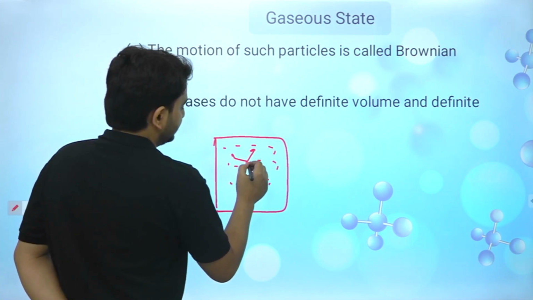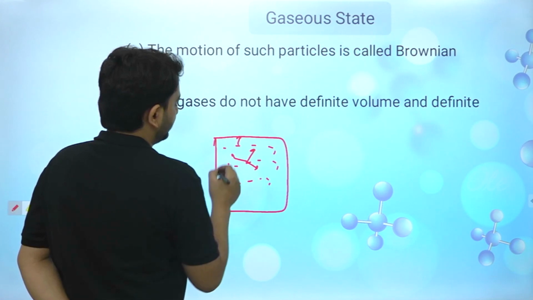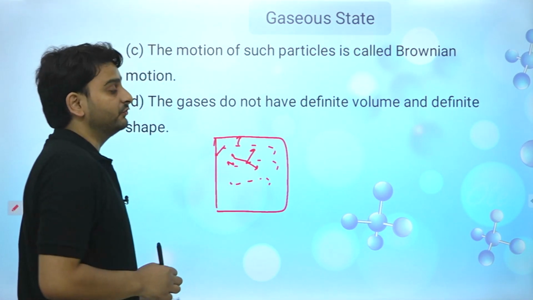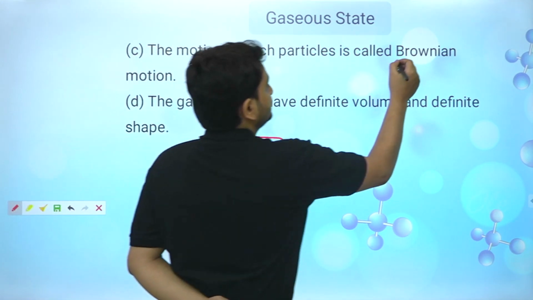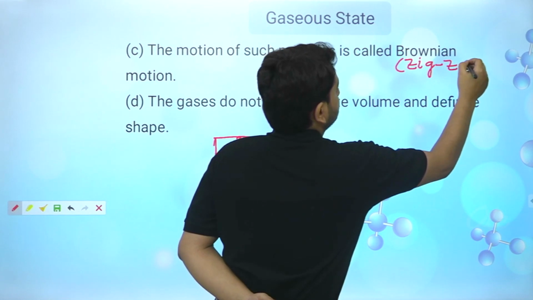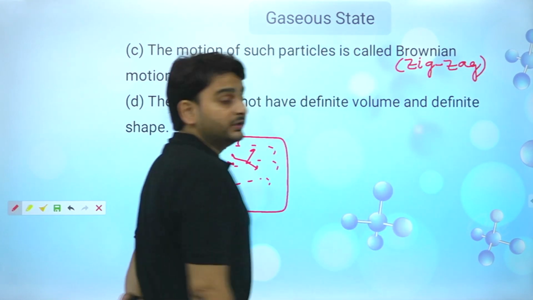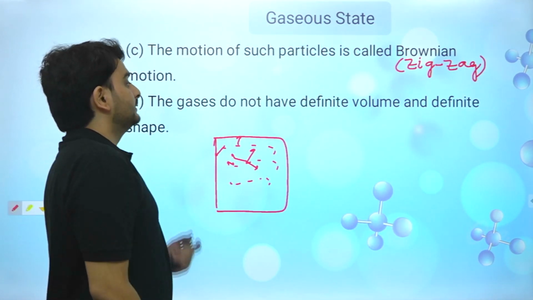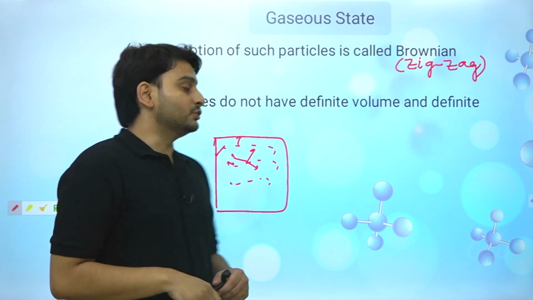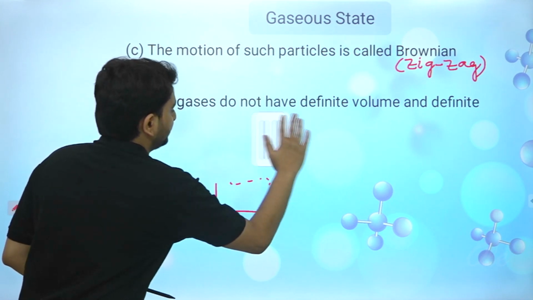They can move like this, they can collide with the walls, they can collide with each other and so forth. So this kind of zigzag motion is called Brownian motion, right? Okay, so gaseous particles show Brownian motion. Great.